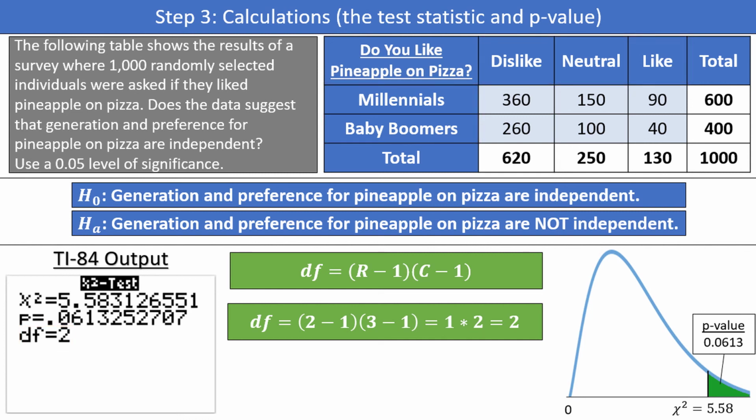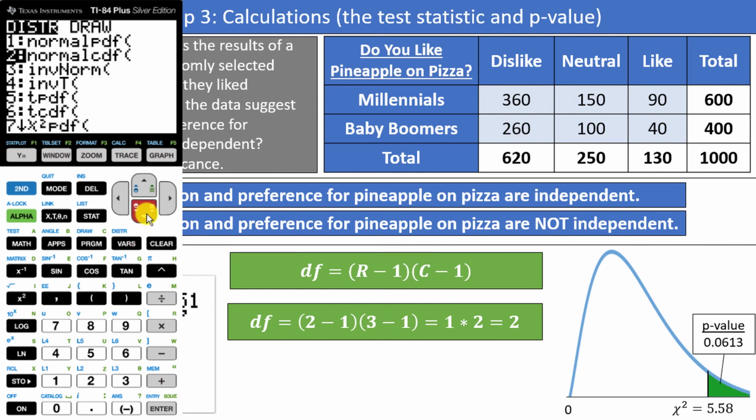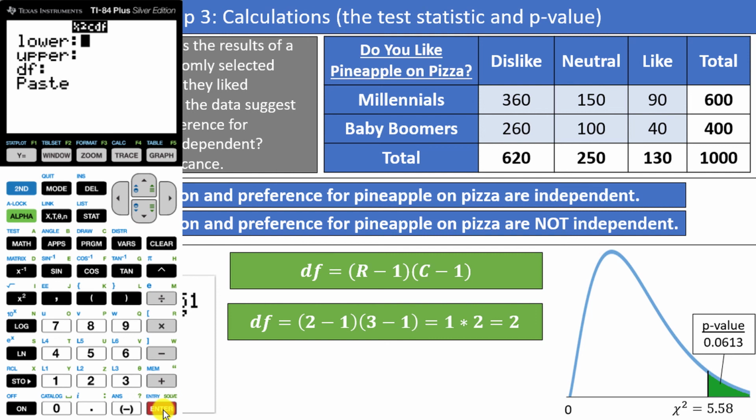Using the chi-square test statistic and the degrees of freedom, you can use the calculator to get the p-value by going to second, distribution, scroll down to option 8 for the chi-squared CDF. The lower bound is the lower part of the shaded region on our graph, which is 5.58, and the upper bound is infinity, but 1000 is plenty large enough.